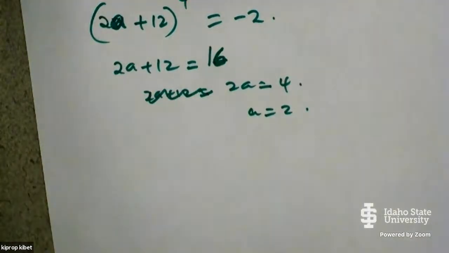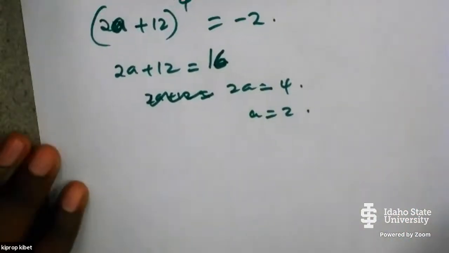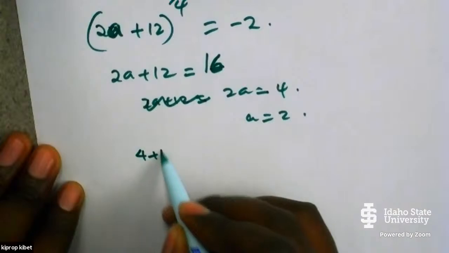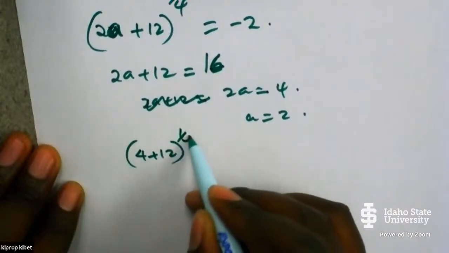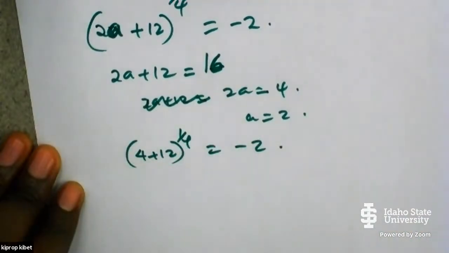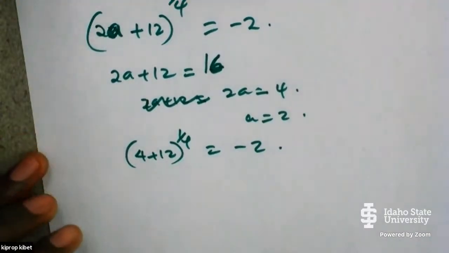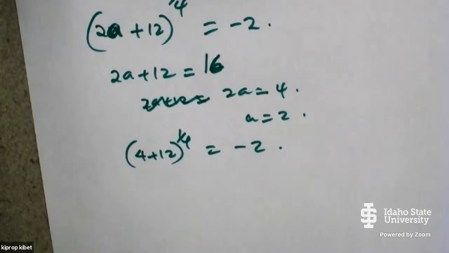Take it back: 4 plus 12 raised to 1 over 4, is it equal to minus 2? No. These are too tricky. So when it's not equal, there's no solution, and you put no solution or the empty sign.